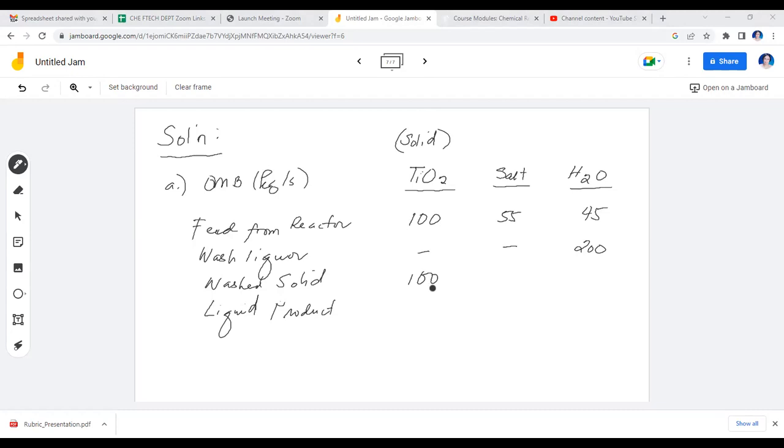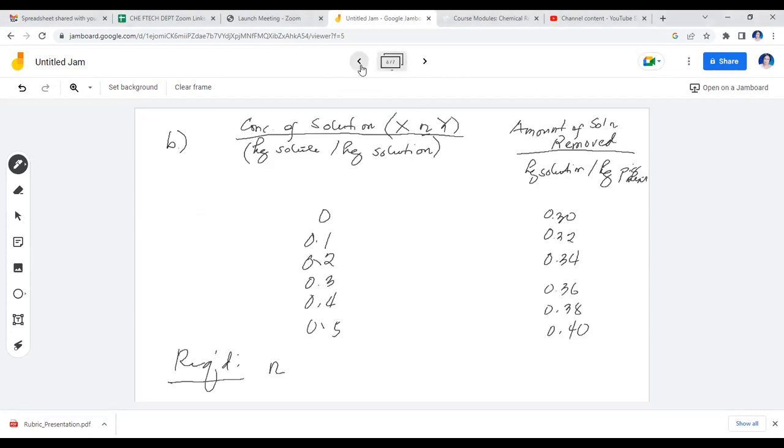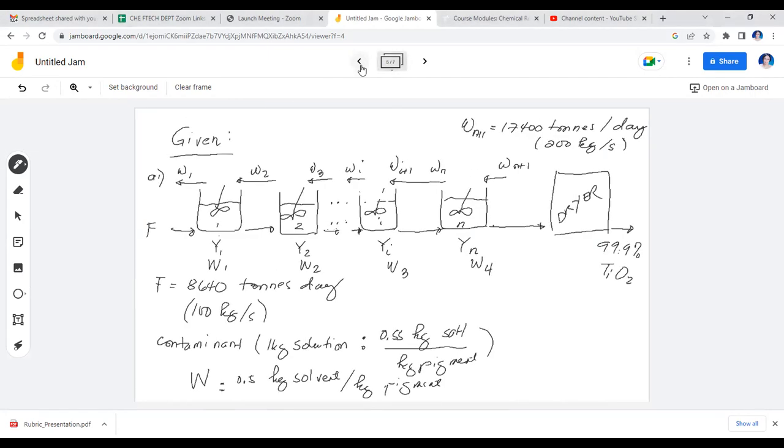What about the salt content in the washed solid? Where will you get this particular answer? We'll go back to the illustration and go back to the picture of the problem so you can answer this one. What is the amount of salt present in the slurry leaving the end thickener?